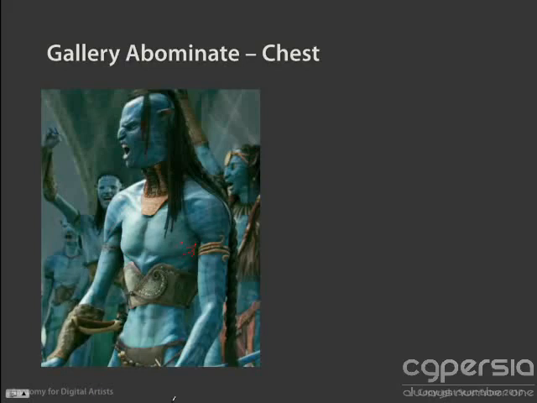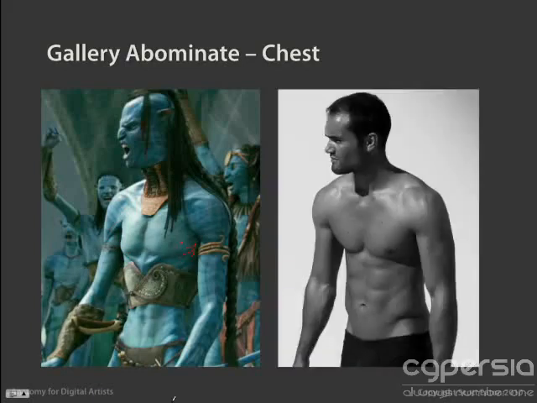Right, so that's that for Avatar. Here's what it looks like on a guy. Nearly the same pose, right? The average man happened to be striking the Avatar pose, and you can see here's the clavicular section going out. He's not flexing or anything, but this is what I'm talking about.